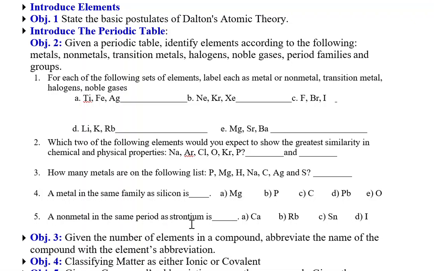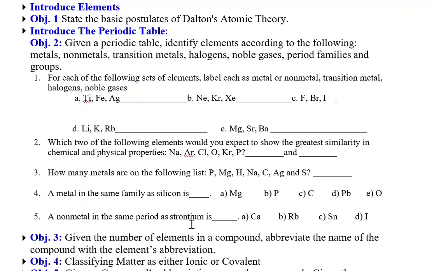So let's see if we can find strontium anywhere. Strontium is element 38. So we find element 38, and that is in period or in row 1, 2, 3, 4, 5 down.